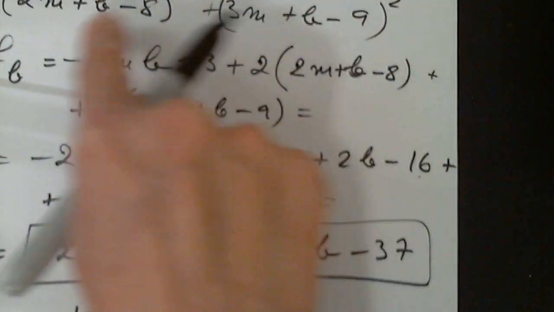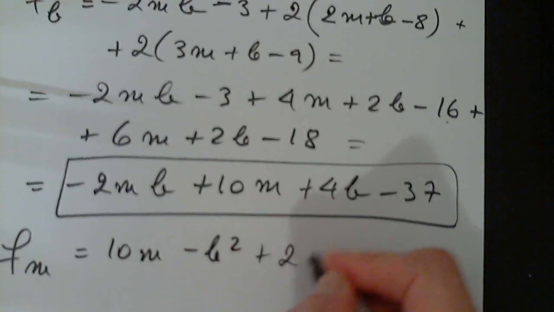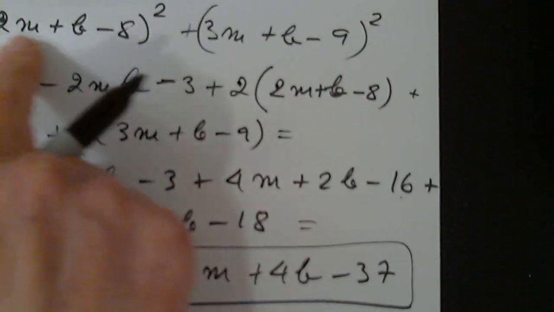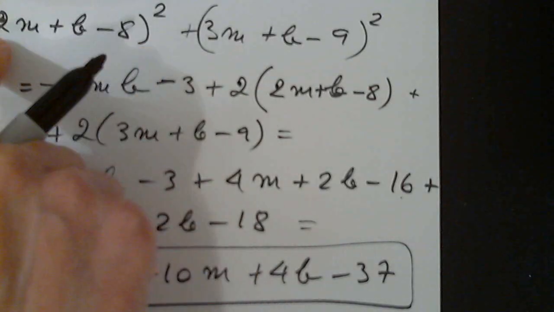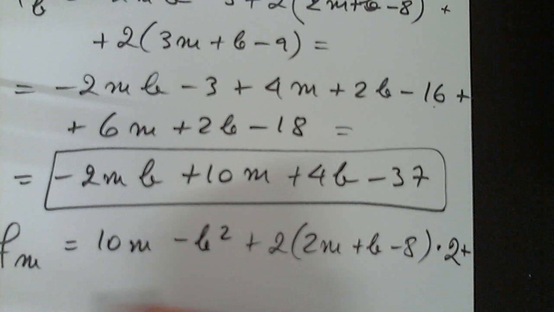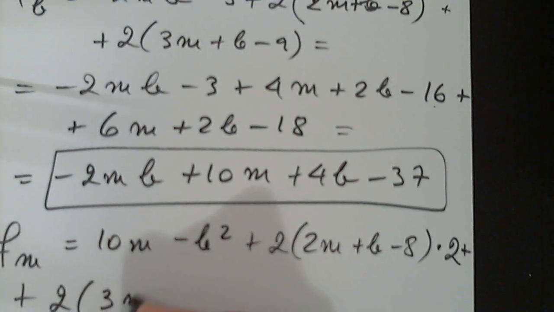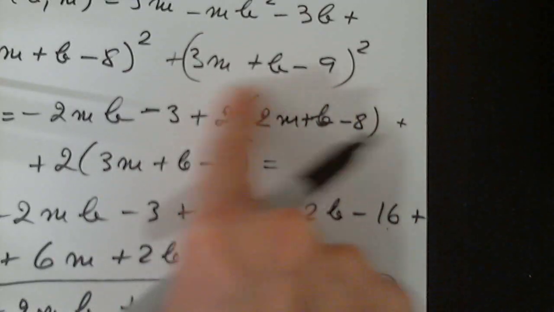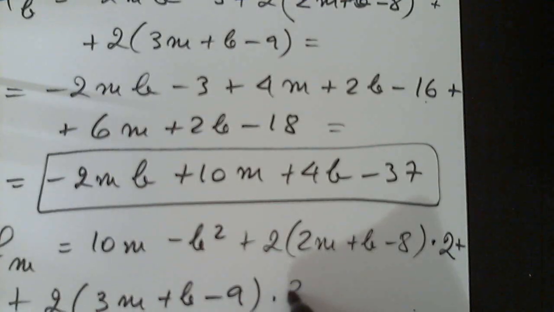This is 0 here now, plus 2m plus b minus 8. When I differentiate with respect to m, I only have 2. Now I'm here, plus 3m plus b minus 9. When I differentiate with respect to m, I get times 3.